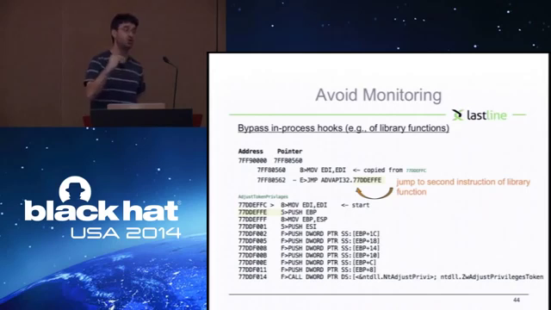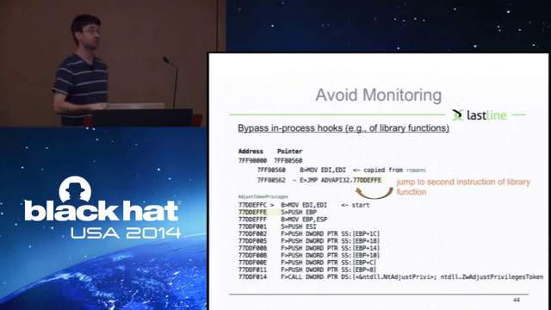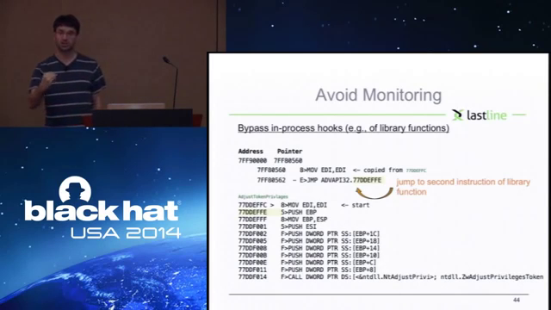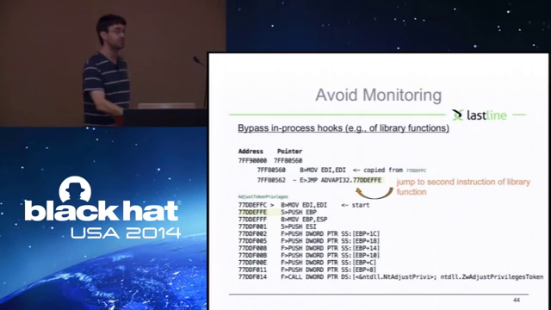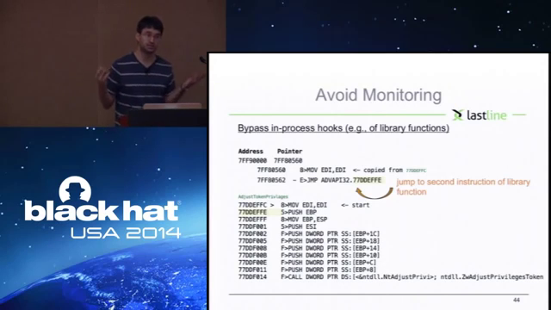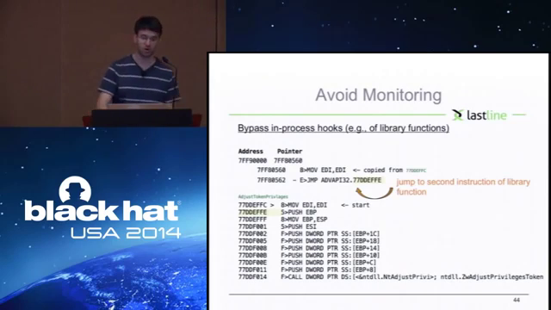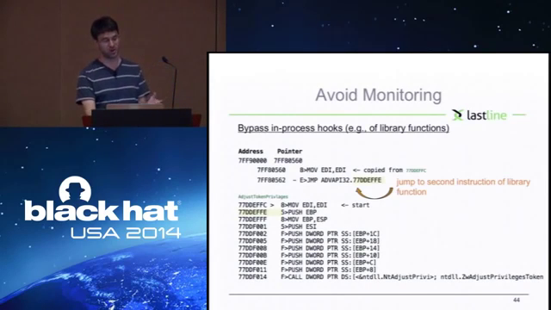And if you have a hook at the beginning of that function, or if you monitor the address that starts that function, then the execution will actually never hit your hook or hit the address that you're interested in, but it will just bypass it, while still executing the normal code that the malware authors want to execute. So, an interesting way of bypassing in-process hooks, typically of library functions.